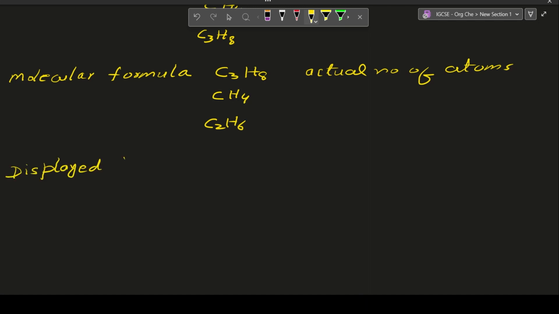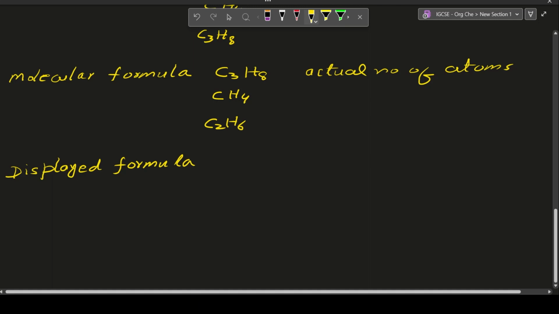Now we'll talk about displayed formula. It specifically shows the arrangement of atoms and the bonds between them. For example, let me take the example of C2H6. It will be written as carbon, and a covalent bond between these 2 carbons, with 3 hydrogens on each carbon.